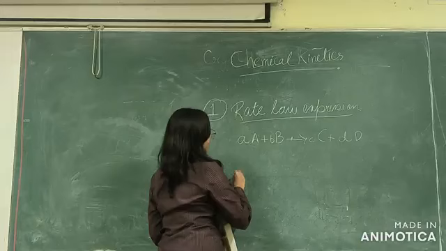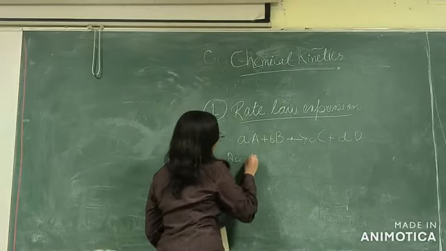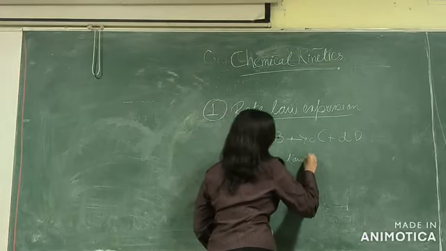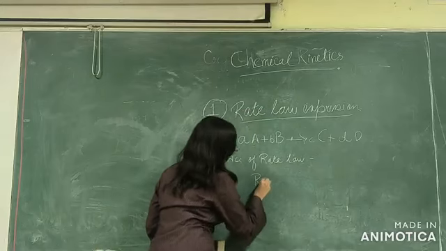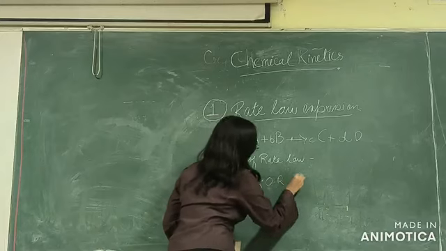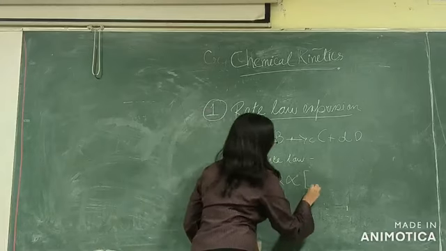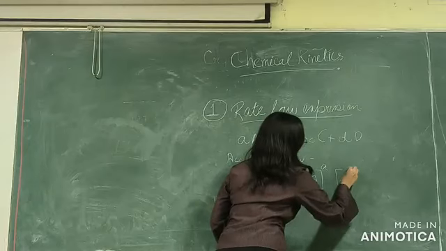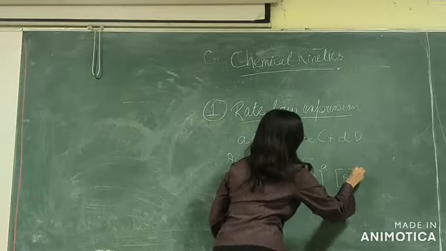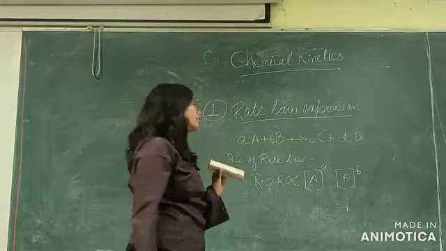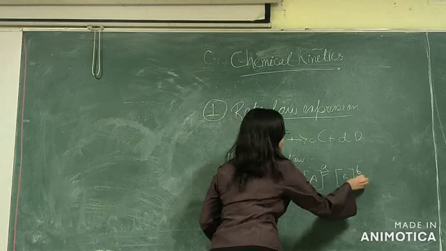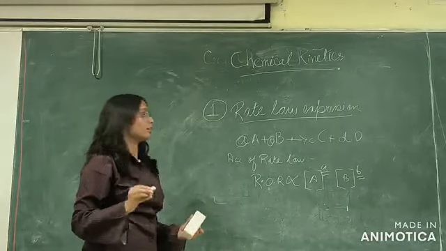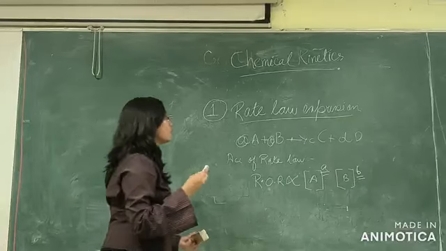Now in rate law, how will we write it? According to rate law, the rate of reaction is directly proportional to concentration of A to the power a and concentration of B to the power b. Okay? But the twist here is that this a and b are not the stoichiometric coefficients. They are different. They are the order of reaction, not the stoichiometry. But there is one more law, that is the law of mass action.